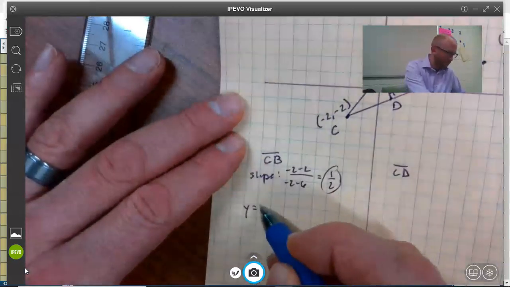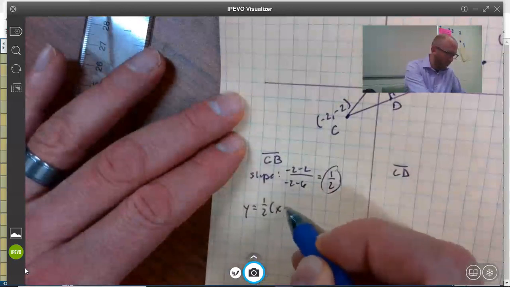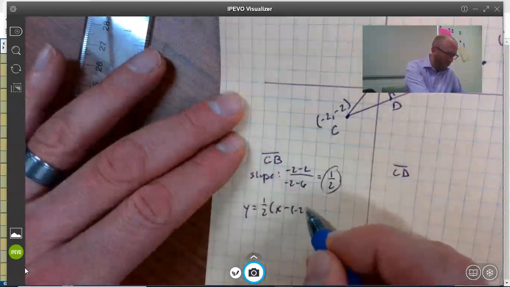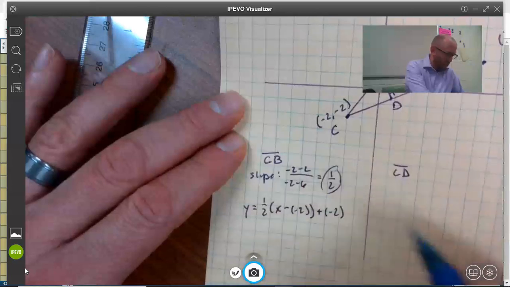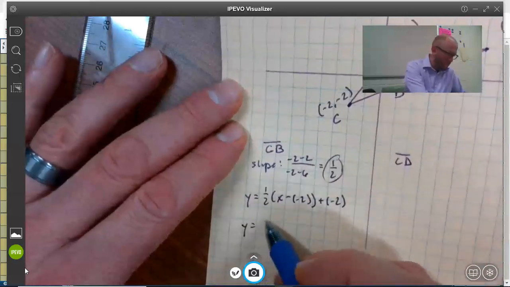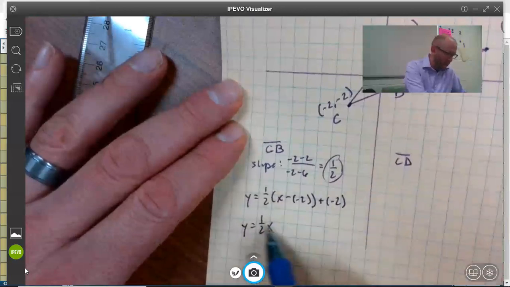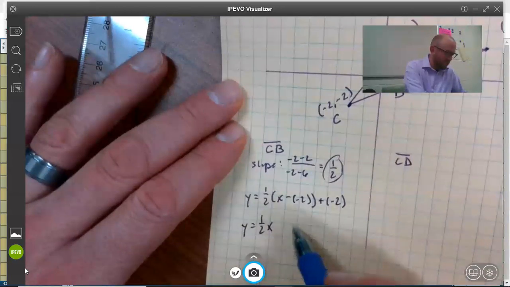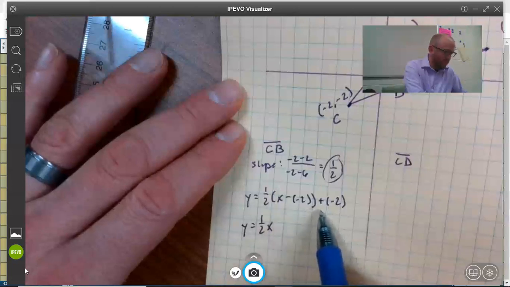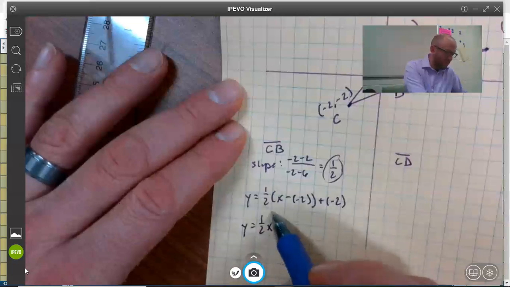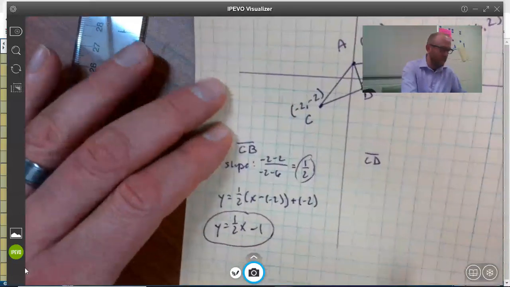So our equation is y equals 1/2 x minus -2 plus -2. So y equals 1/2 x, that's going to be plus 2, so that's going to end up being plus 1 plus -2, which is minus 1. Okay, so there's our equation for that line.